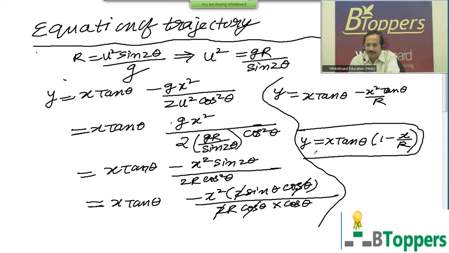Next, I would like to discuss the relation between H, R and theta. So next I am going to discuss the relation between the maximum height reached, horizontal range and angle of projection, which can be used in some of the numerical problems to find the angle of projection when you are given the ratio of the range and maximum height.